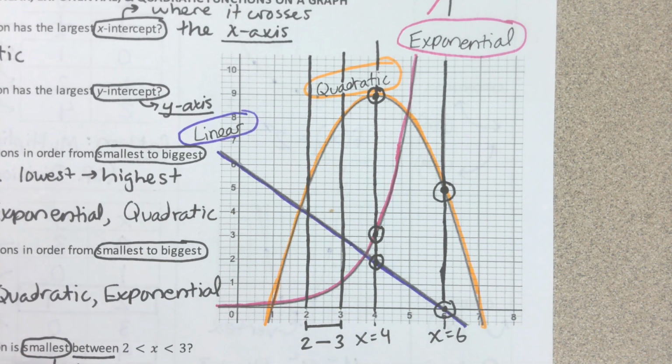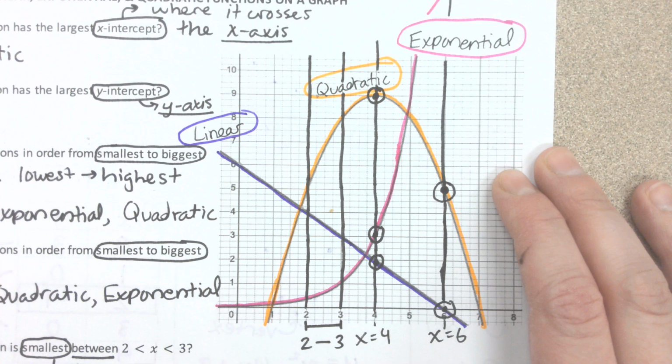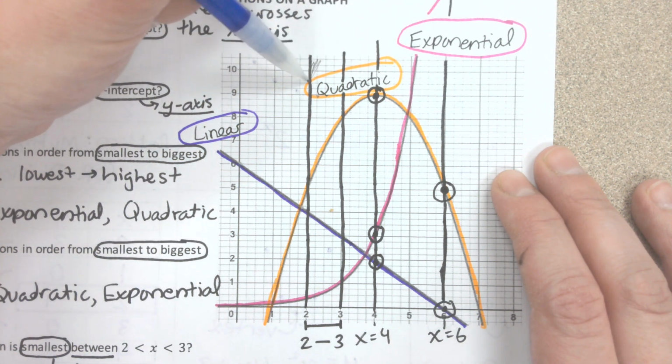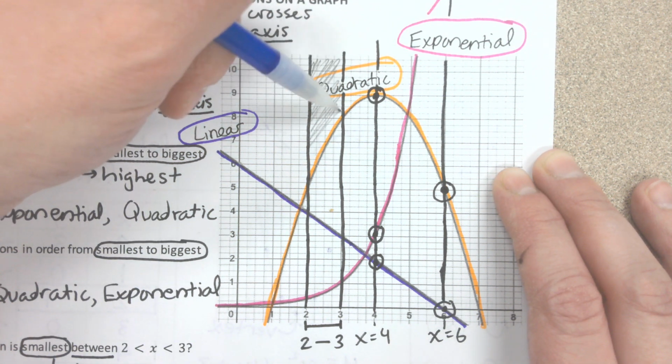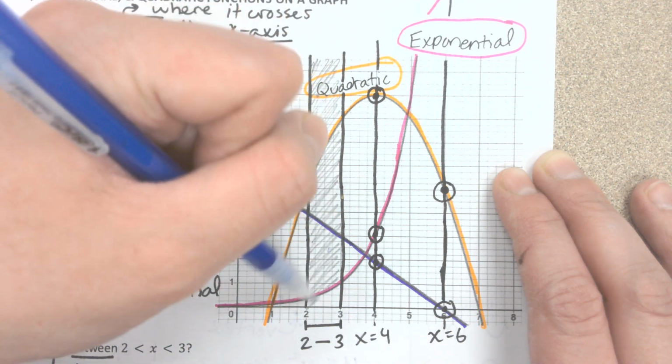If you can't tell, I've been using black marker. I'm going to shade between these two lines in pencil because I'm not trying to cover up the graph pieces, but I'm just trying to emphasize this section of graph. This is what I'm looking at here. So shade it in enough so you can tell that's what we're focusing on, but not enough to cover up the actual lines.